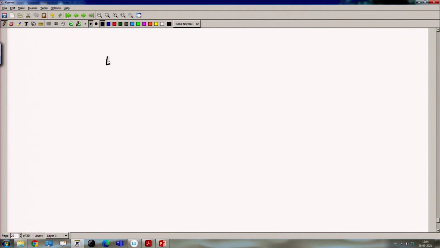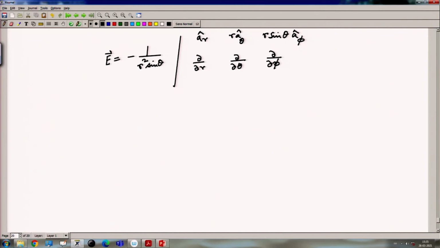So, the electric field will be equal to minus 1 by r square sin theta, times a r, r a theta, r sin theta a phi; del del r, del del theta, del del phi; f z cos theta, minus r f z sin theta, 0.